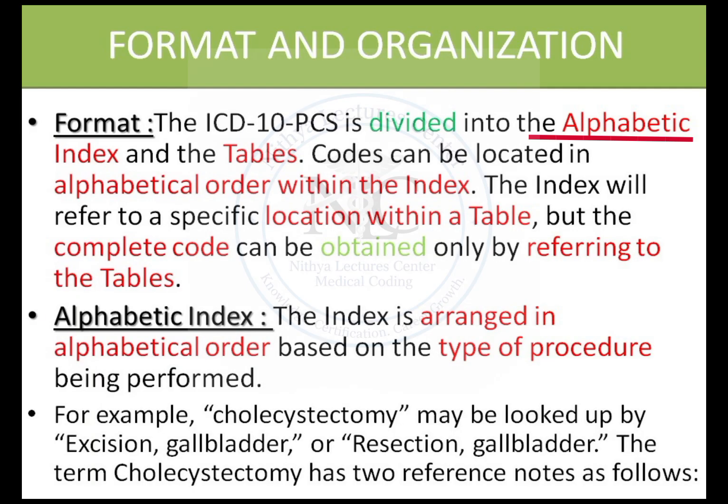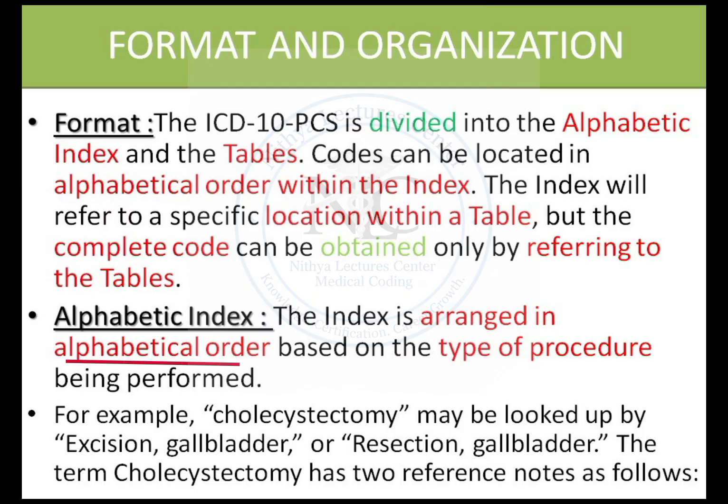Let's see the format and structure of ICD-10 PCS. The format of ICD-10 PCS is divided into the alphabetic index as well as the table. How we search for a code in ICD-10 CM, the same way we should search for PCS also. In the alphabetic index, the index is arranged in alphabetic order based on the type of procedure being performed.